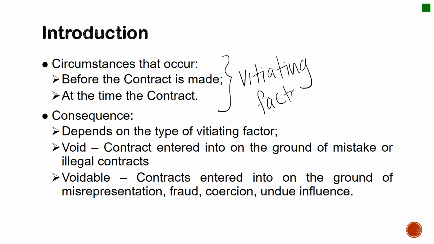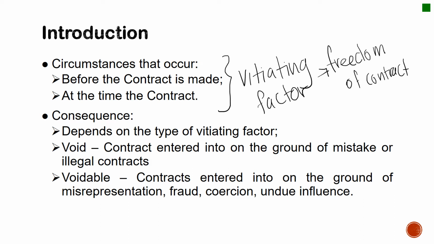The reason they are considered a vitiating factor is because it affects the freedom of contract. So when we consider freedom of contract, we are looking at a person's willingness, voluntariness to accept all terms and conditions of the contract.